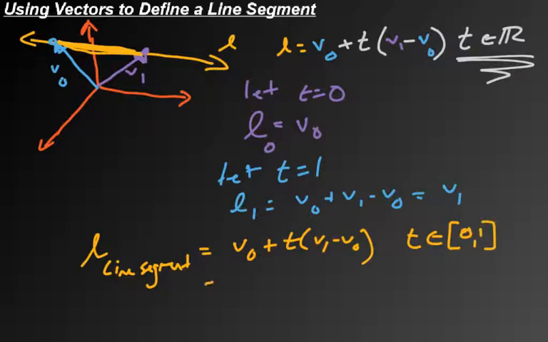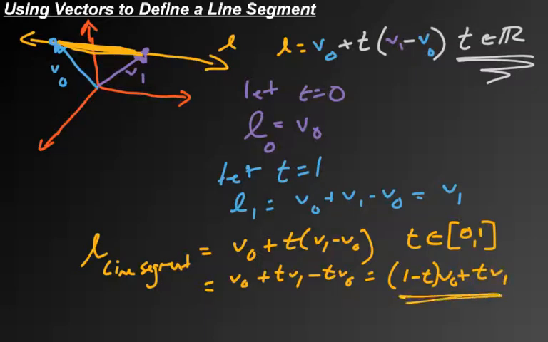Sometimes you'll see this rewritten. You'll distribute the t, so you'll get V0 plus tV1 minus tV0, and then they group the V0s with a 1 minus t times V0 plus tV1. I think that's the way you see it in your textbook.